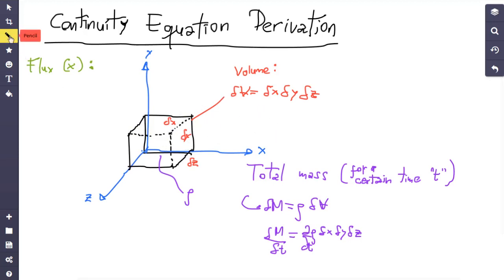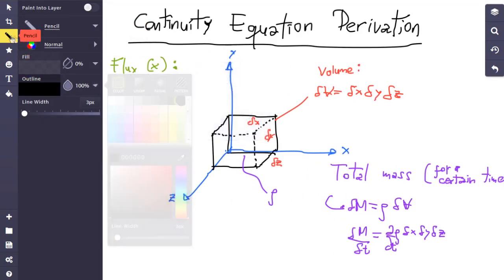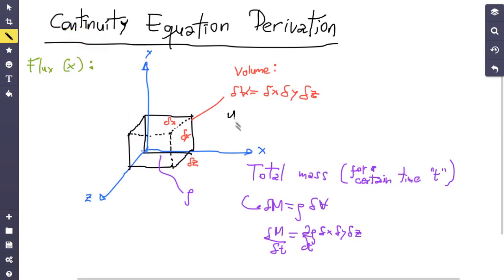So we have to assure that this variation of mass stays the same. What the continuity equation says essentially is that the mass that goes in equals the mass that goes out.